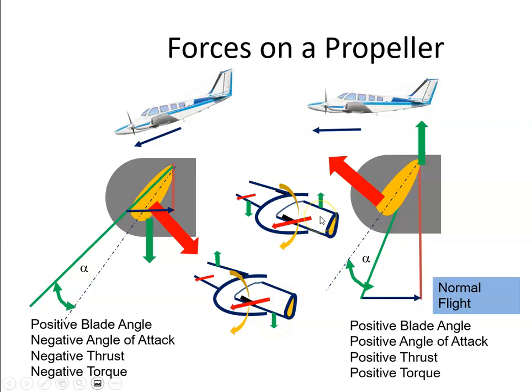In this instance, it's the engine rotating the propeller, and back here it's the propeller rotating the engine. So as the wind flows over the prop, it's going to cause this negative torque. So a windmilling propeller will have this negative thrust and negative torque.